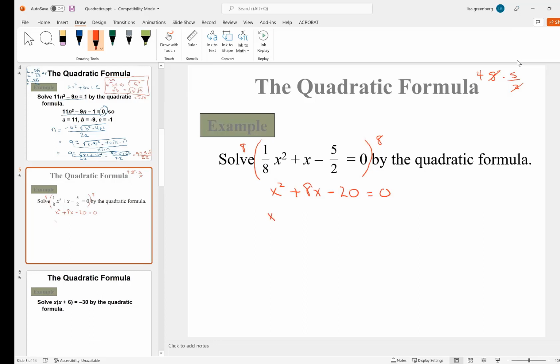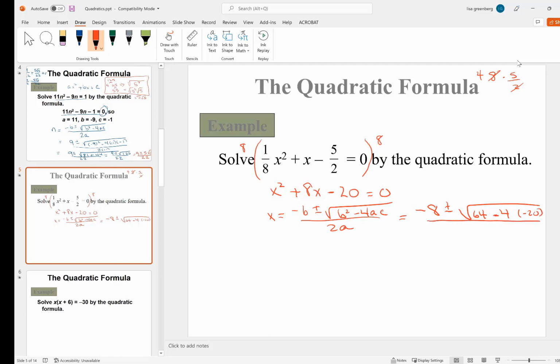So here I have x equals negative b plus or minus the square root of b squared minus 4ac over 2a. And here we know that b is equal to 8. So I have negative 8 plus or minus the square root, and 8 squared is 64, minus 4. A is 1, so I don't need to worry about that. And c is negative 20.